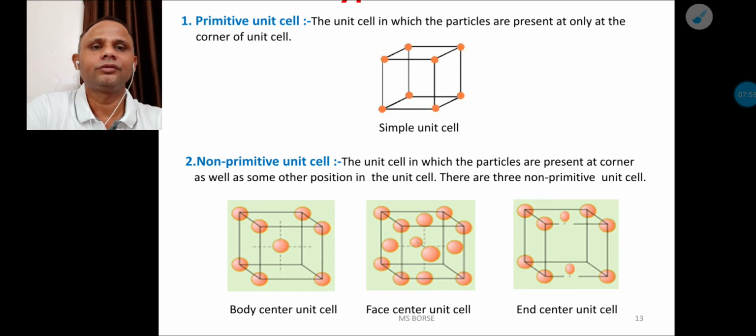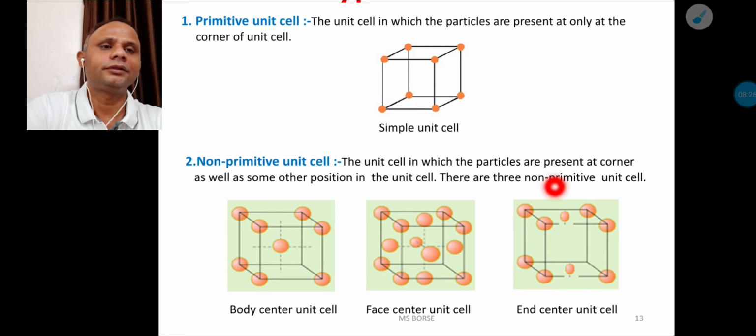So these lower volume or higher density crystalline compounds having these unit cells are called non-primitive unit cells. That means the unit cell in which the particles are present at the corner as well as some other positions of the unit cell or lattice space. These are called non-primitive unit cells.